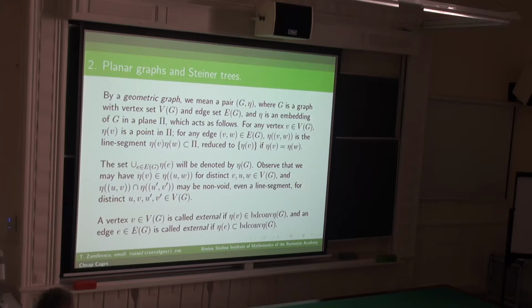And I suggest you imagine G to be the cage, the plane to be some plane, any plane, and eta to be a projection, for example an orthogonal projection onto that plane, because this is the way we will use this geometric graph.